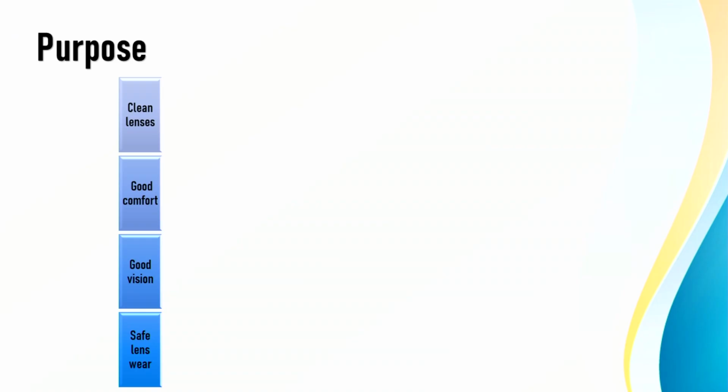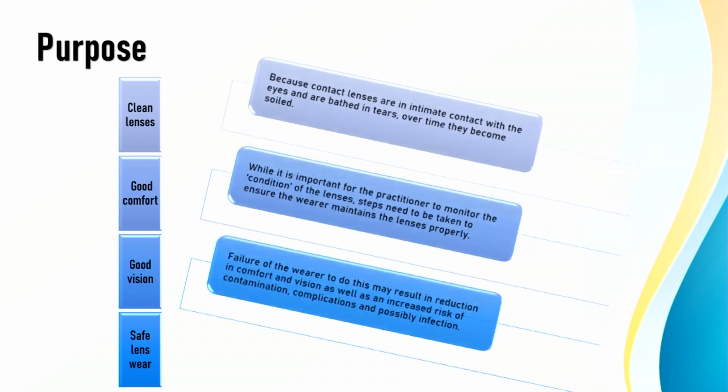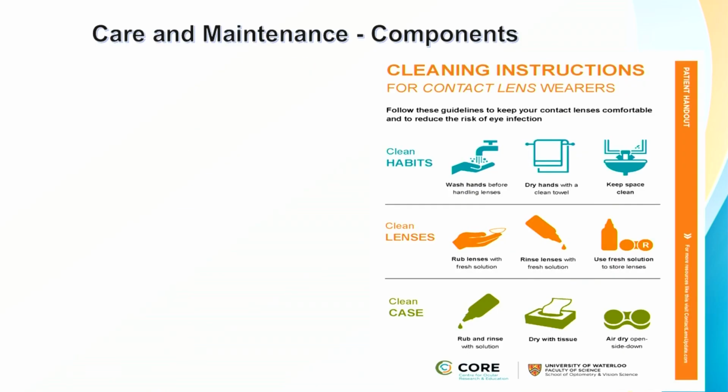So if cleaning is not good, comfort will not be there, deposits will occur where the vision gets hampered, and with deposits or infection, like with any unclean lenses, if we insert them, again safe lens wear is not there. And this is again a brochure from the University of Waterloo which tells you about clean hands and the habits, how to use the lens, how to use the lens case, and storage as well.